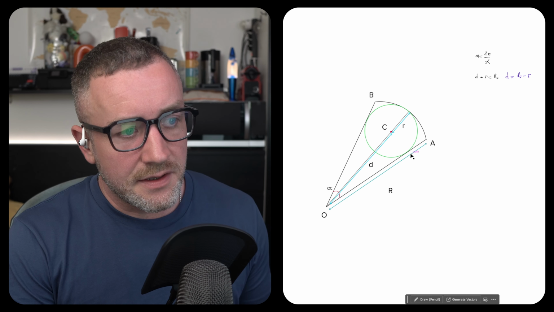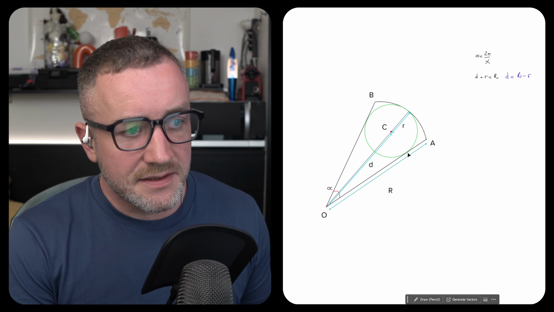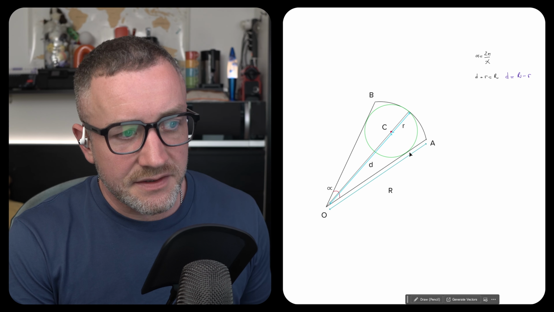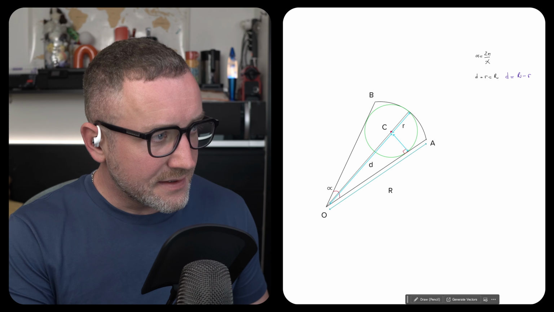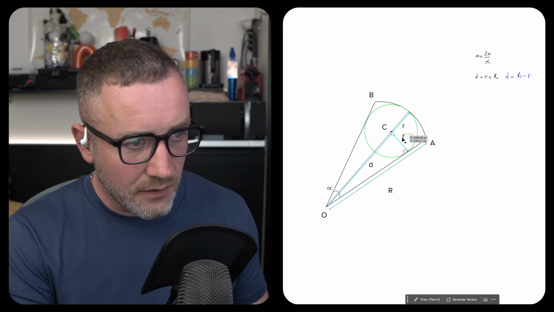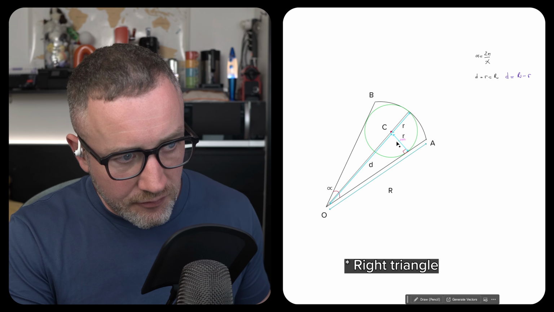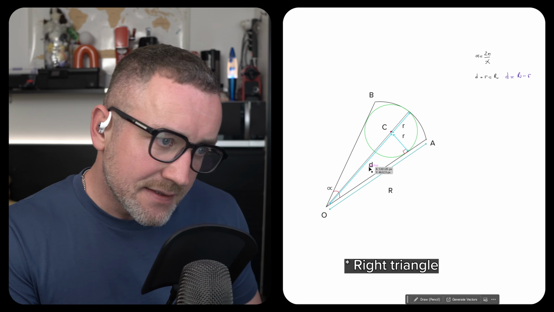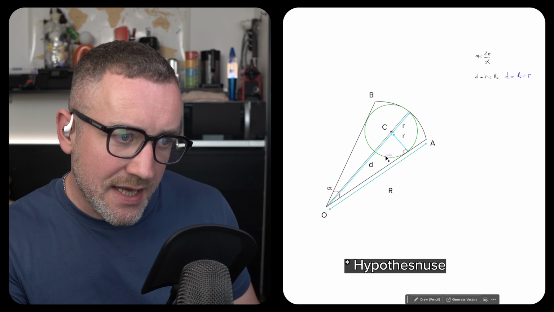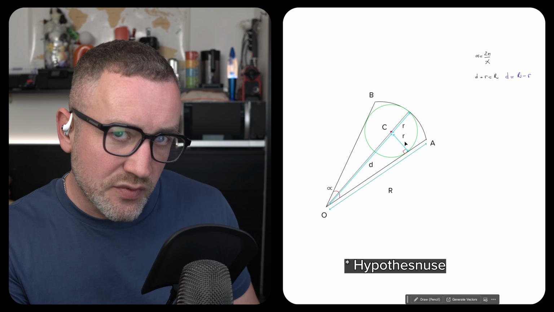By construction, a tangent is perpendicular to the radius. We know that this segment is also the small radius. It forms a right triangle that has D as a hypotenuse and r as an opposite side.